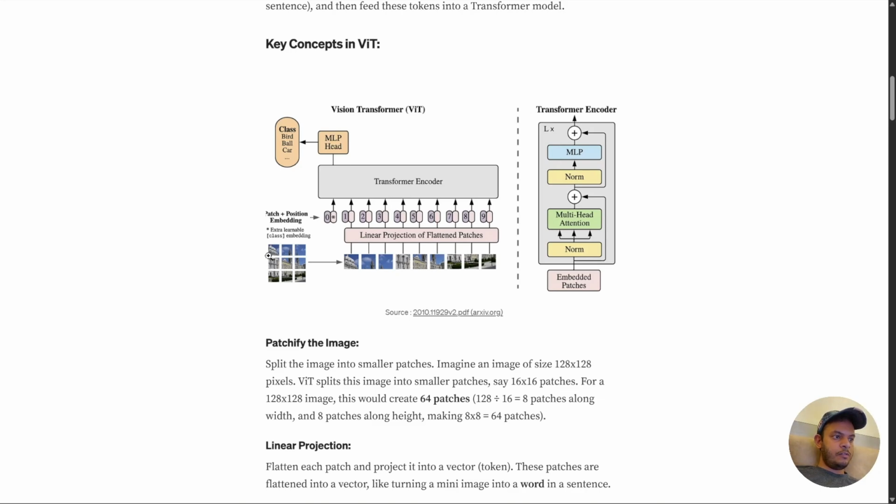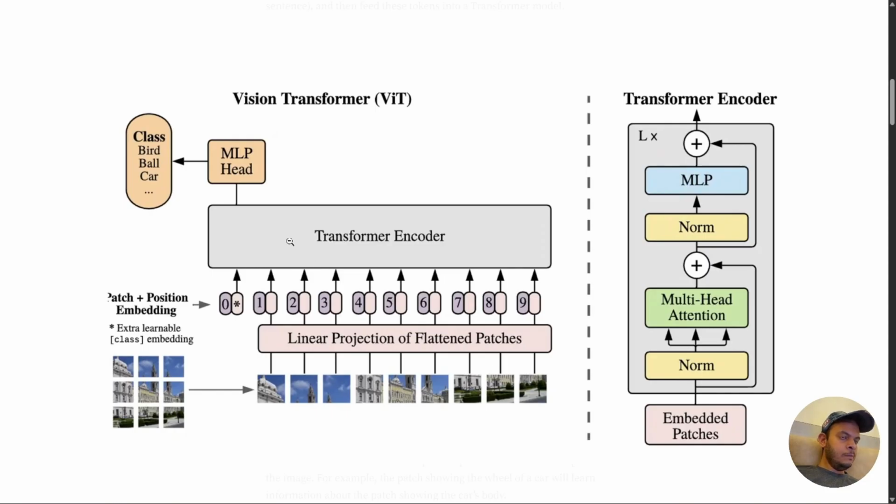For example, the first image here is the first image here, the second image here is the second here, the third here is the third here, the fourth here is the fourth here. This order actually matters, and why we will be seeing later. But we need to remember that when we patchify the image, we also need to maintain the proper order when we are creating the input tensor for that.